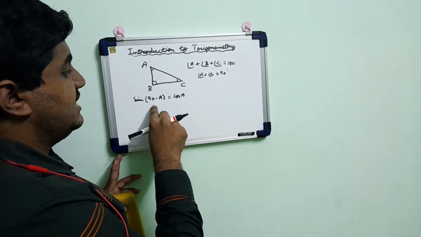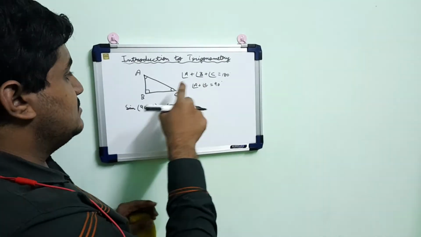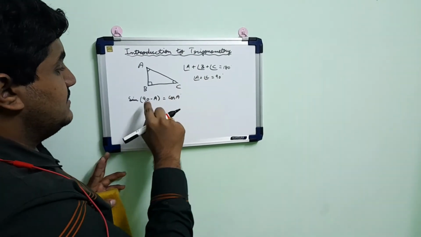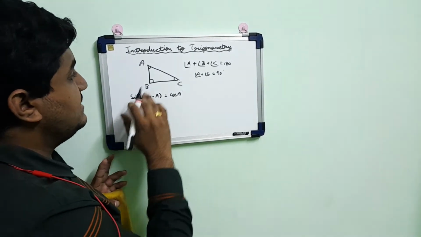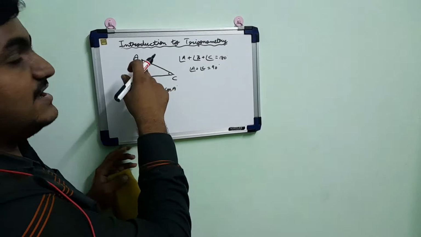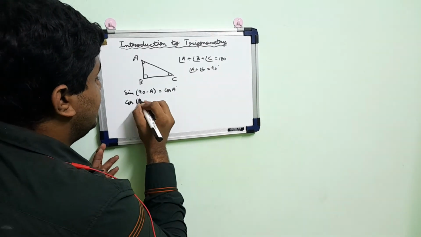As these are complementary to each other, we can write the values like this. 90 minus A gives you angle C. So sine C can be written as sine of 90 minus A, and that can be written as cos A. Now we can see the rest of the values.